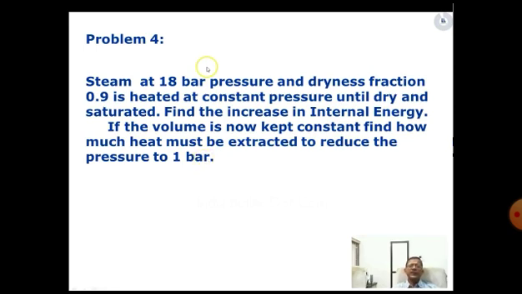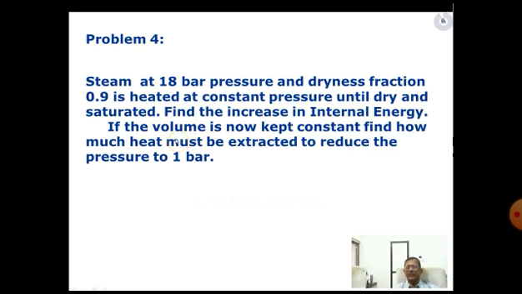So first thing is that if it is wet steam with a dryness fraction of 0.9, what is it lacking? It is lacking 0.1 of hfg, because if I give 0.1 hfg, it will get the full hfg and it will become dry saturated. And if you see the volume at 0.9 dryness fraction, it is x vg.